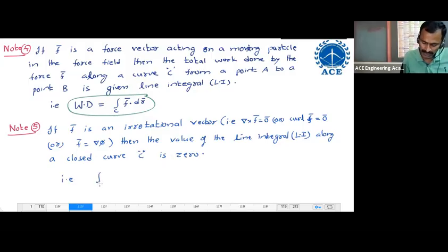That is, integral over C f bar dot dr bar equals 0. Because of the closed curve, we write a circle symbol on the integral sign.